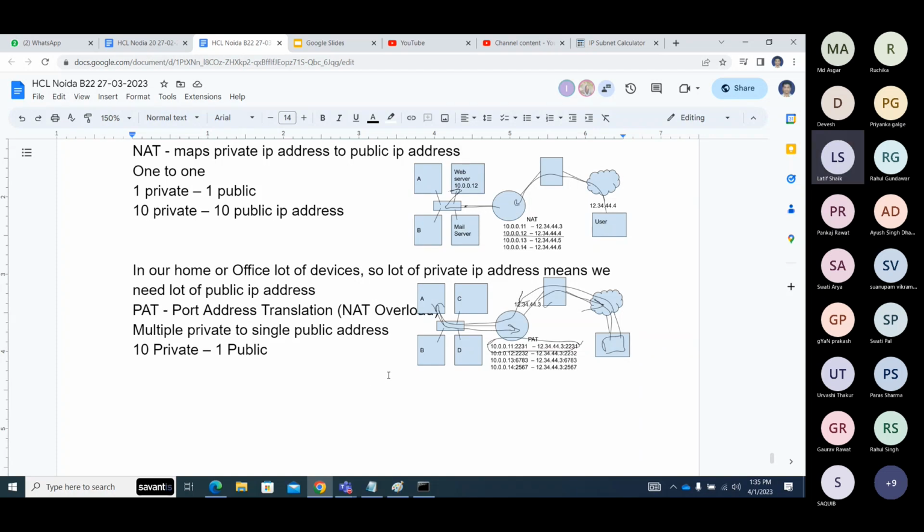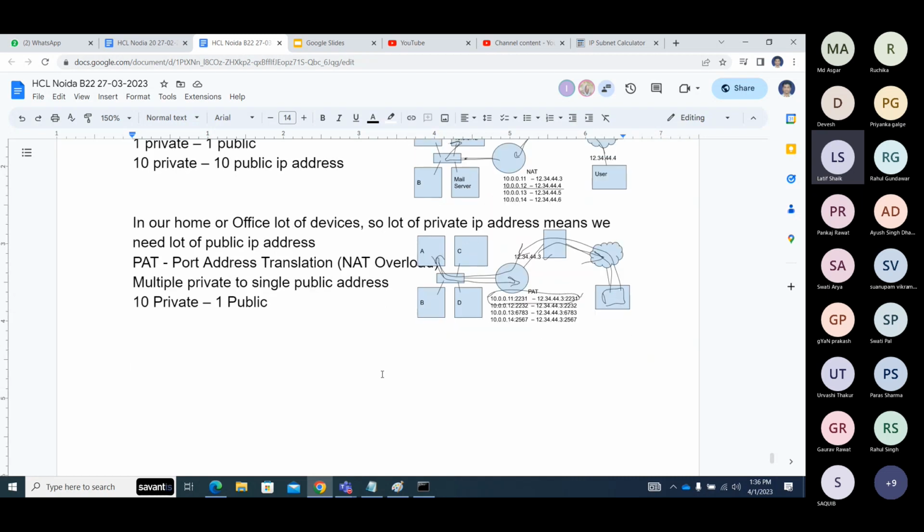So NAT is where we are using direct servers and those servers can be accessed by the public. So then they use the NAT technique, meaning a public IP address is compulsory. PAT, port address translation: multiple users, multiple devices want to access public, not public to public.